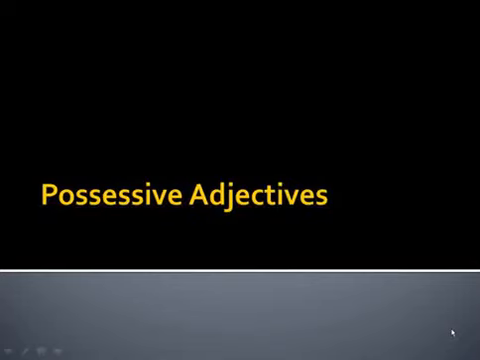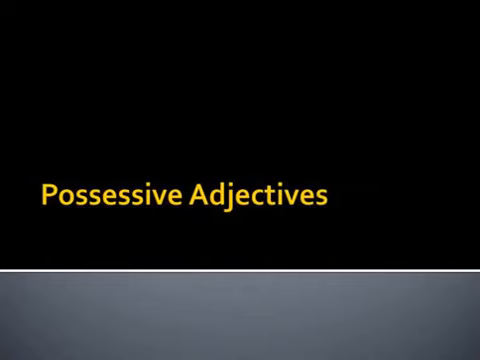I'm going to take a few moments now to talk about possessive adjectives in German. In this presentation, I'm going to look at a brief introduction to possessive adjectives in English first, and from there move over to an examination of possessive adjectives in German. We're going to notice that possessive adjectives are declined in a similar fashion to the indefinite articles that we've already examined.